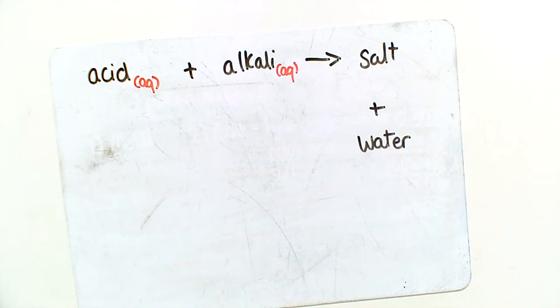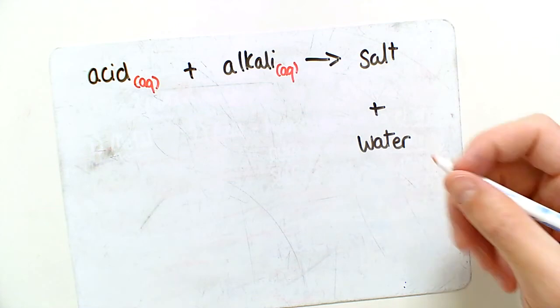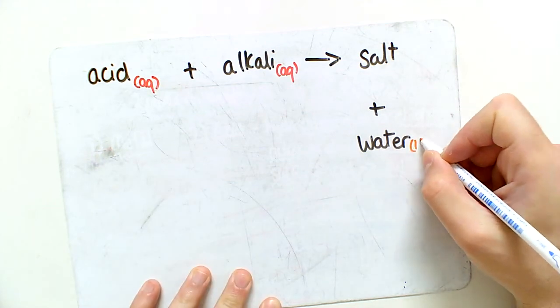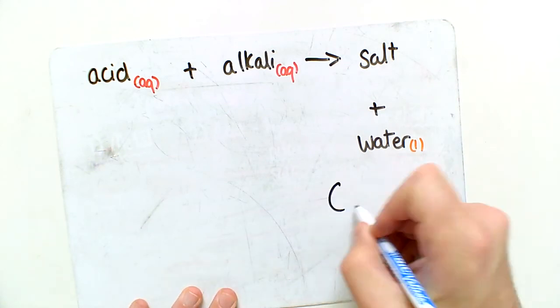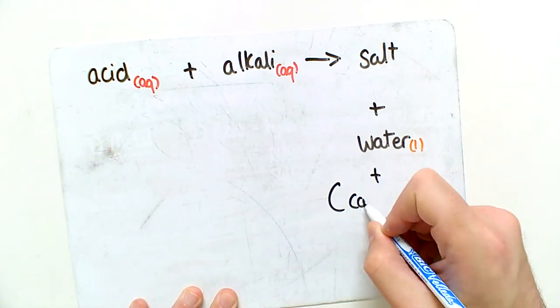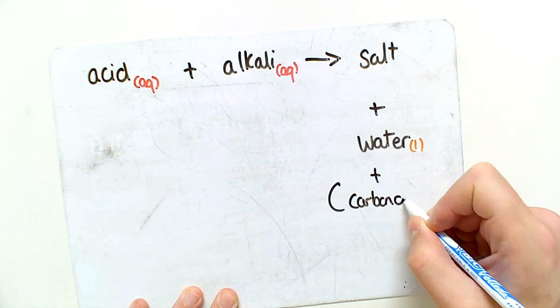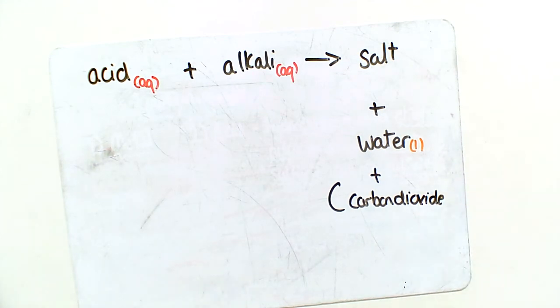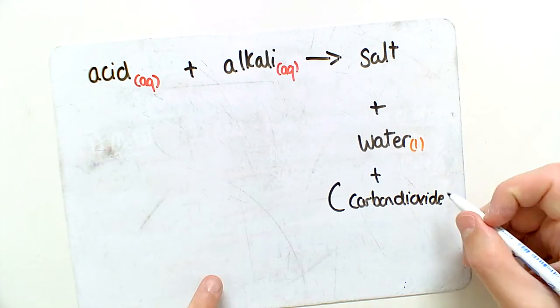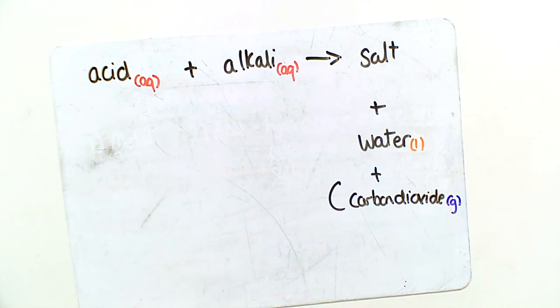Water is a liquid, and we'll see that symbol. If the alkali is a carbonate, we might see carbon dioxide. And if we do, it'll be a gas.